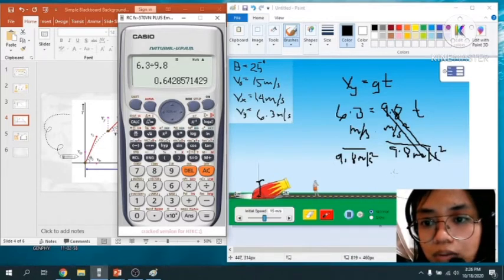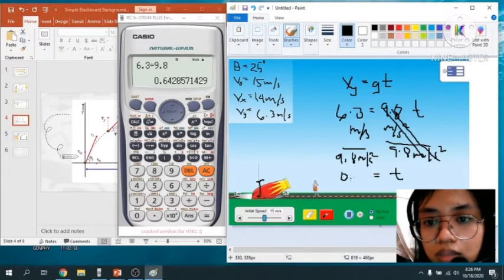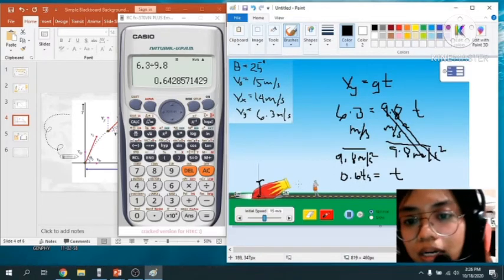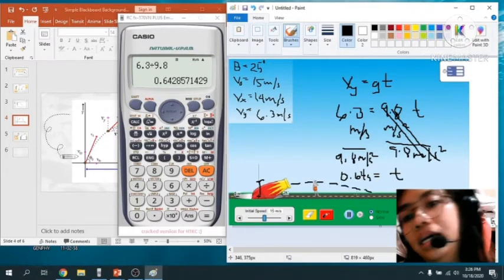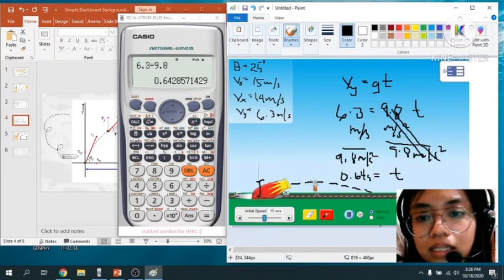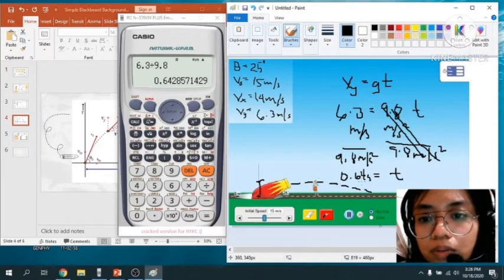So our time is equivalent to 0.64 seconds. Is this the time the cannonball will land? Let's draw the parabolic path, the trajectory. That 0.64 is only the time of the maximum point.